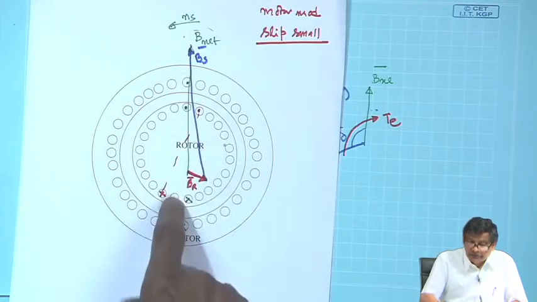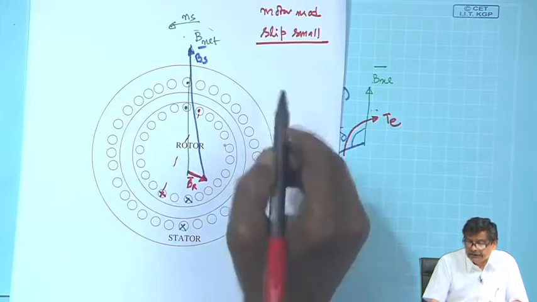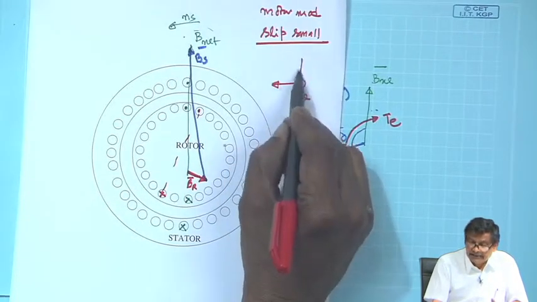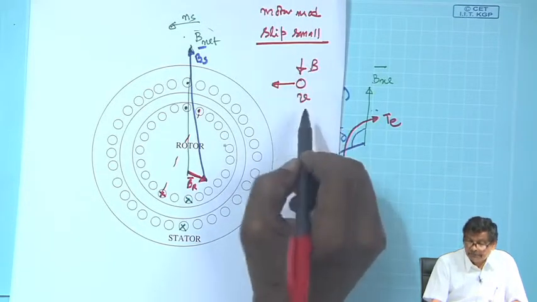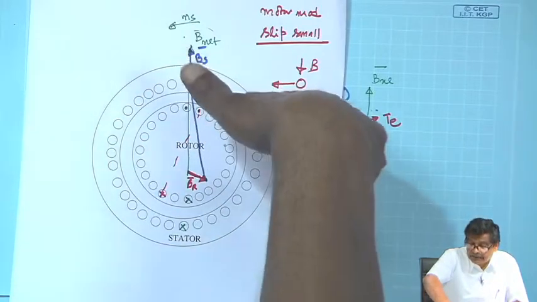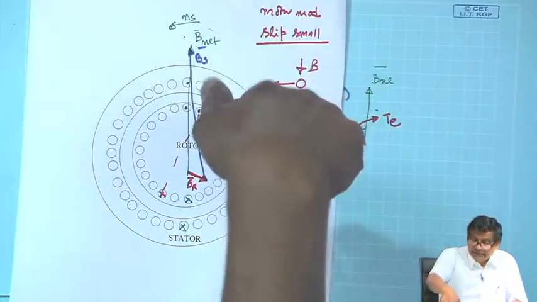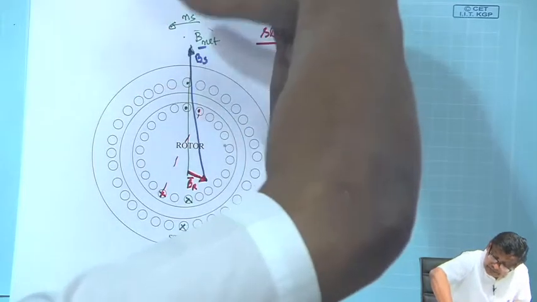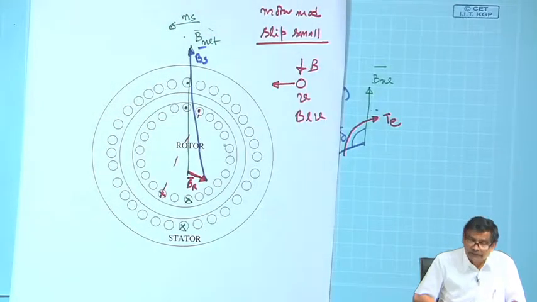Polarity of the induced voltage when B is moving is slightly tricky, because we know this formula, when a conductor moves and there is a magnetic field, conductor is moving relative to the field, voltage is BLV, then only you are allowed to apply the right hand rule, like this. B, V is thumb. So, B thumb, and this way this resultant field you can calculate.